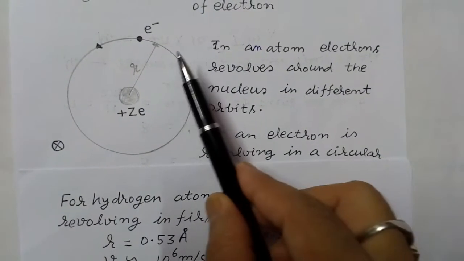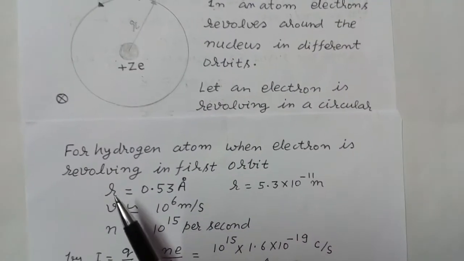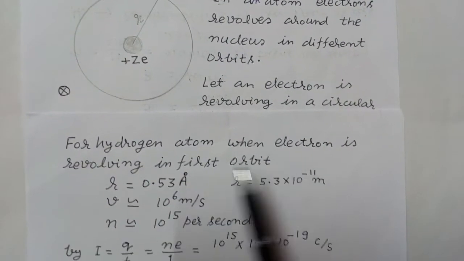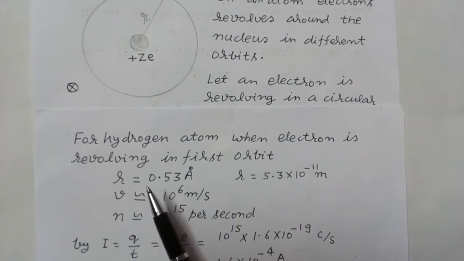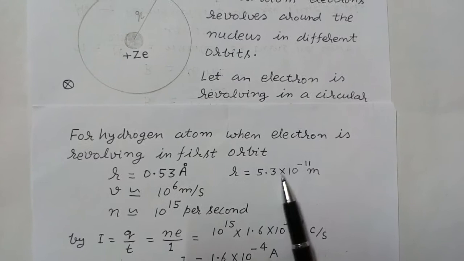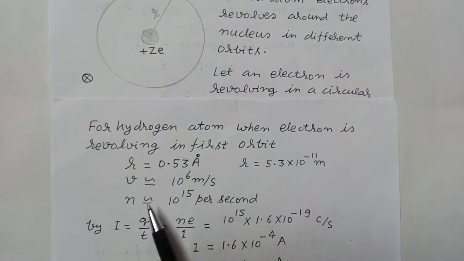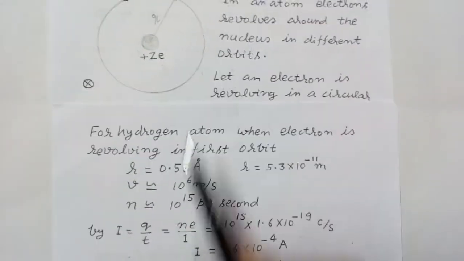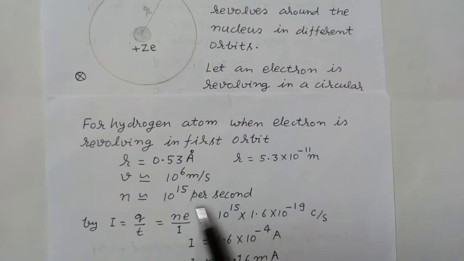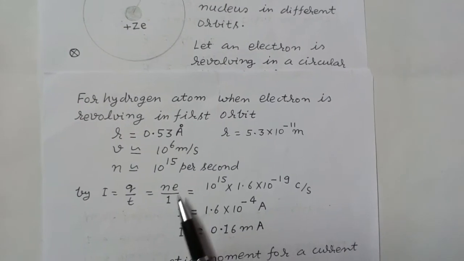Now let us calculate what is equivalent current due to revolution of electron. So for hydrogen atom, when electron is revolving in first orbit, r is equal to 0.53 angstrom, which is equal to 5.3 into 10 power minus 11 meter. Its velocity is nearly 10 power 6 meter per second, and number of revolutions is 10 to the power 15 per second. Now I is equal to Q upon T, so this is equal to ne upon 1.